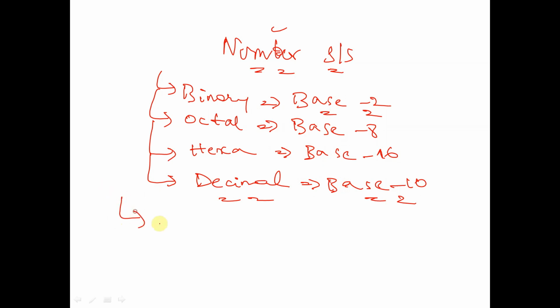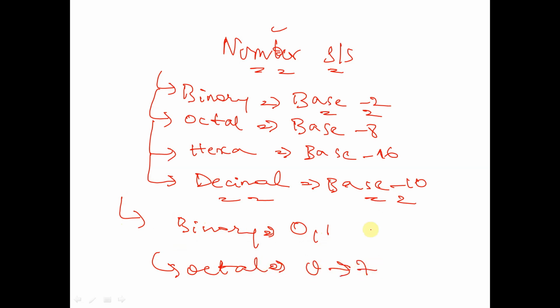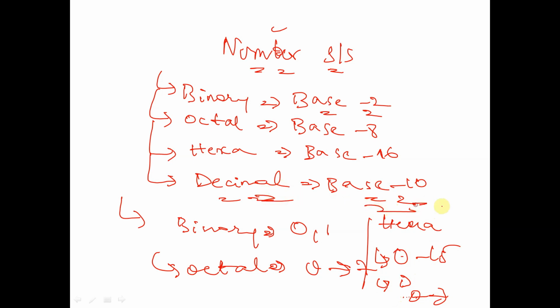In binary number systems we have only two digits, that is 0 and 1, whereas in octal we can represent numbers from 0 to 7, and in hexa we can represent numbers from 0 to 15. Decimal is our regular number system, we can represent from 0 to infinite.